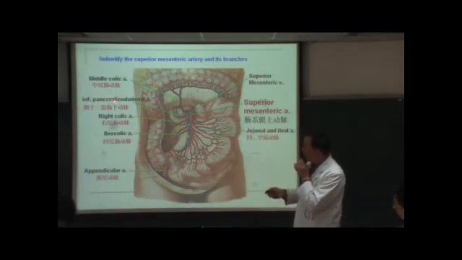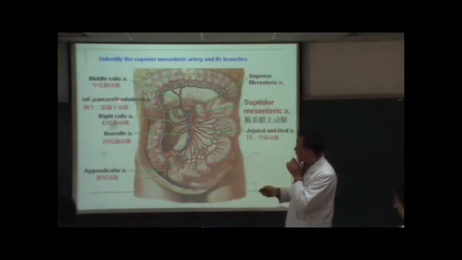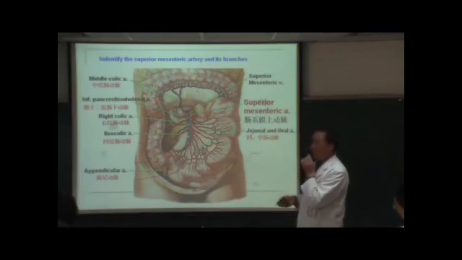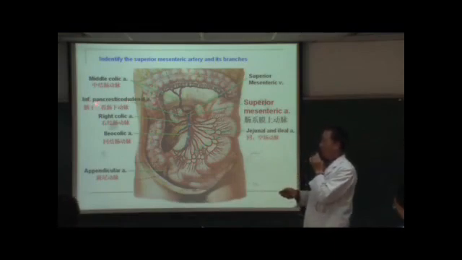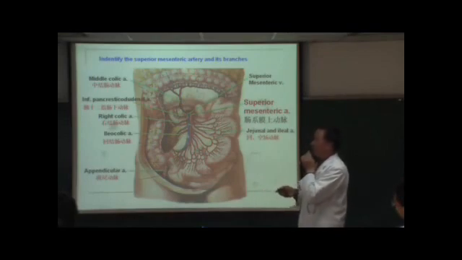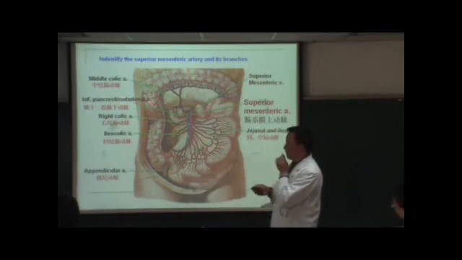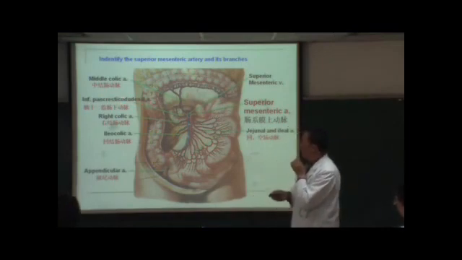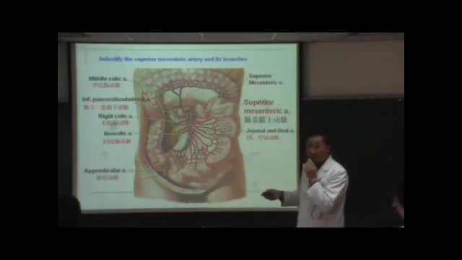Inferior pancreaticoduodenal artery. This name is very long and maybe difficult to read. Here is the inferior.